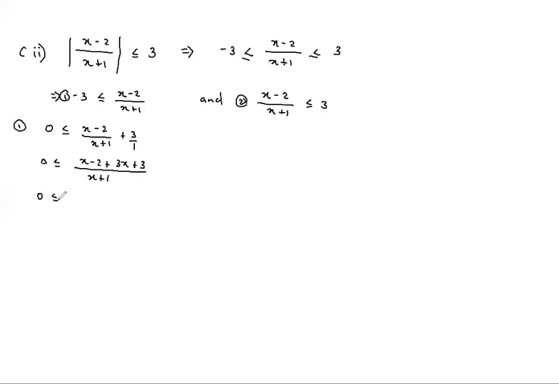So you have 0 is less or equal to (4x plus 1) over (x plus 1). For this part, your critical values are x equal to negative 1 and x equal to negative 1 over 4.